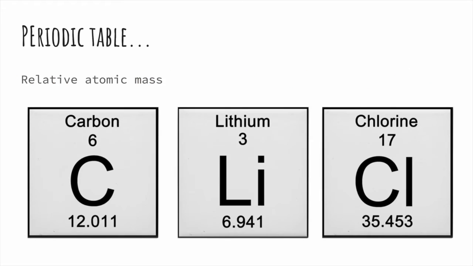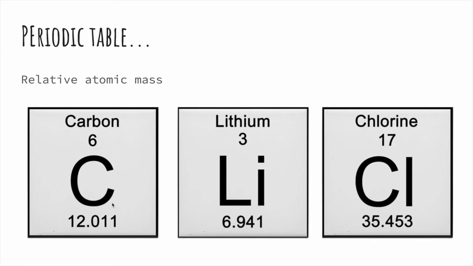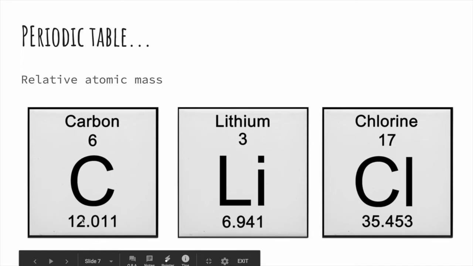Okay, if you look back, the reason that this is just over 12 is because there are some isotopes of carbon out there that don't have a mass number of 12, they have a mass number of 13, and so it nudges slightly towards 13.